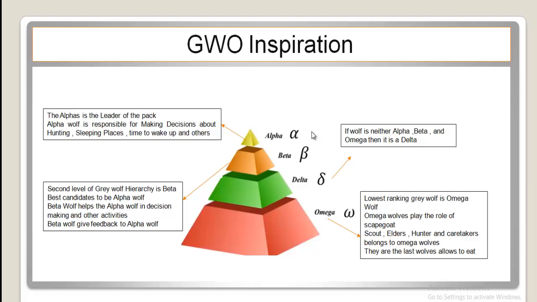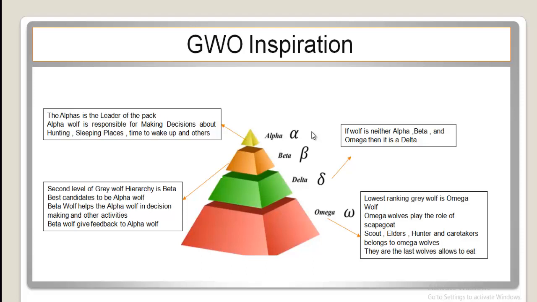In the Grey Wolf optimization, the alpha solutions are those with the best fitness, directing the search toward optimal regions in the solution space.